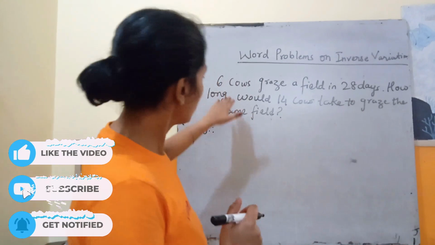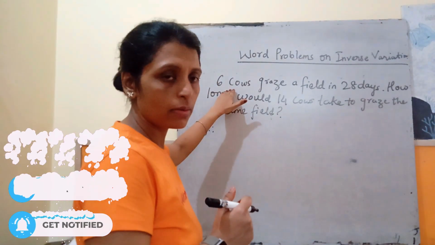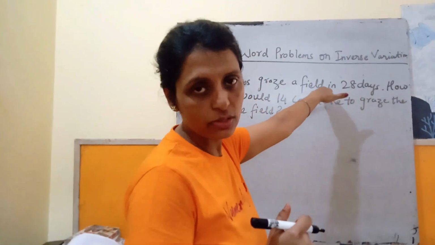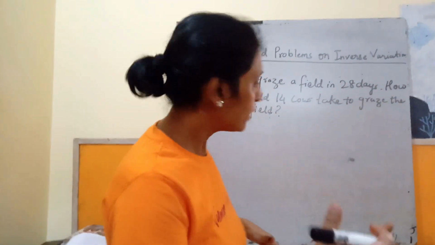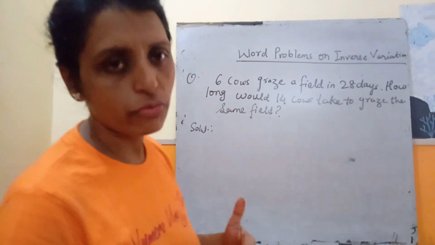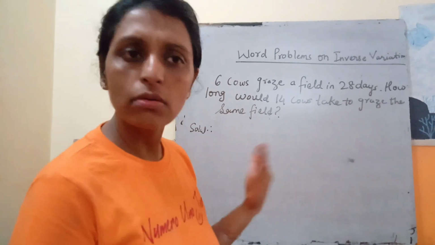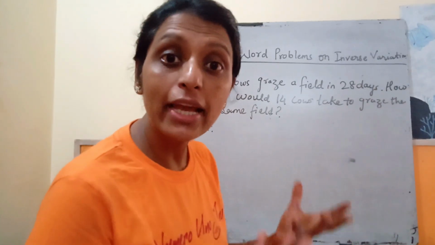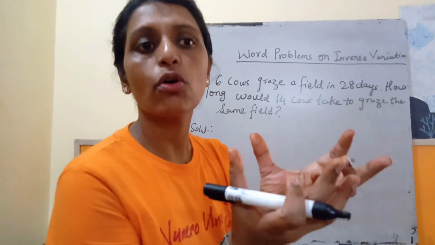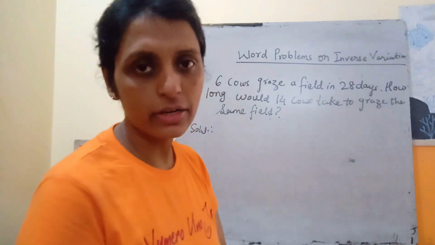So children, when there are 6 cows, they take 28 days to complete. And when we increase the number of cows from 6 to 14, they will take lesser time in order to graze the entire field.